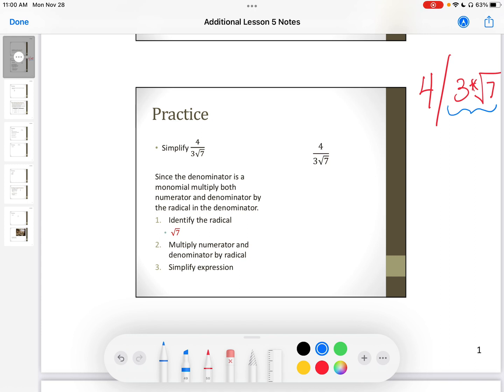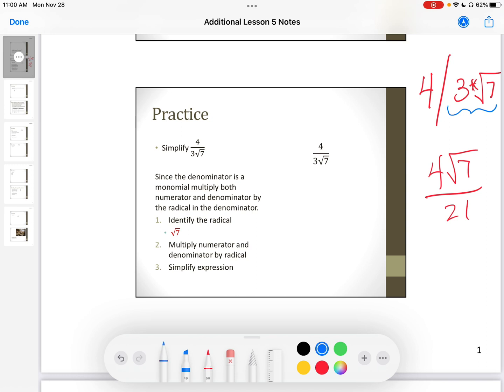So, in order to eliminate having to use rounding, they came up with a way to get the square root off the bottom and end up putting the square root up top. So, this ends up becoming 4 square roots of 7 over 21.